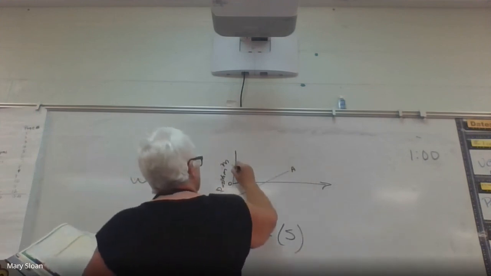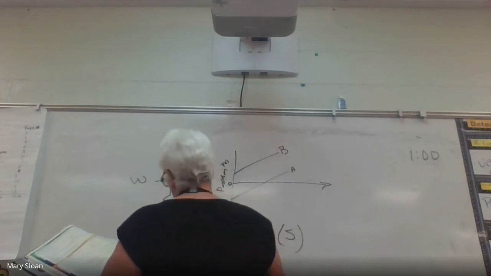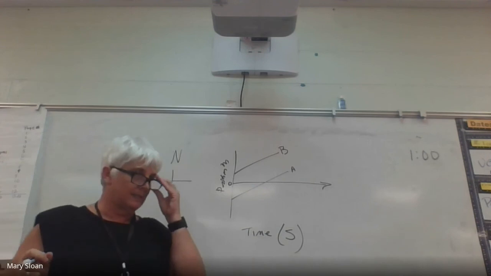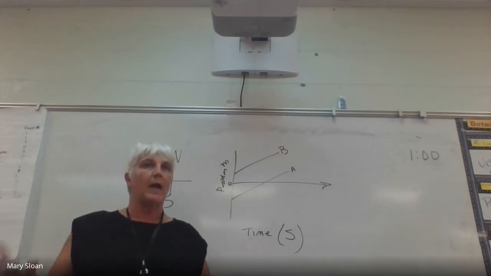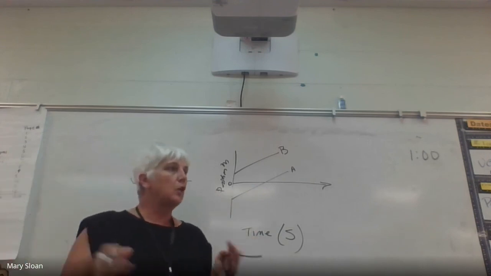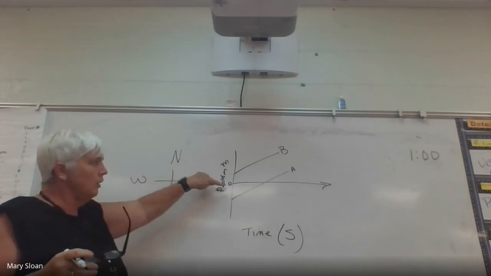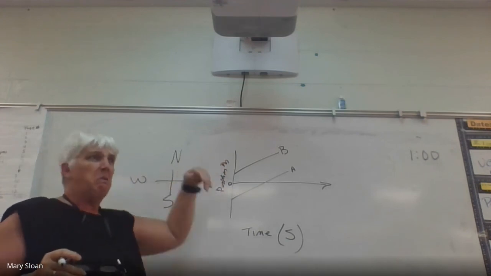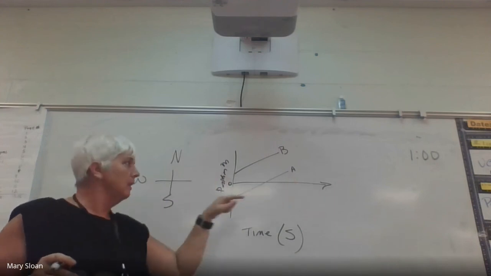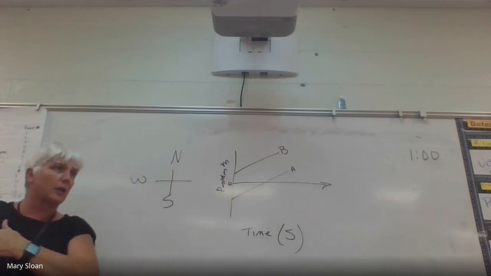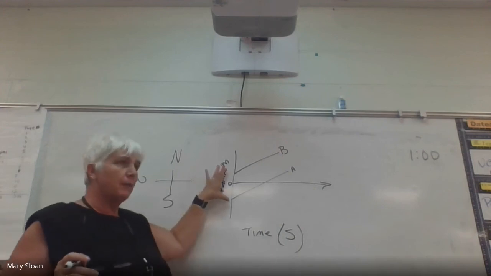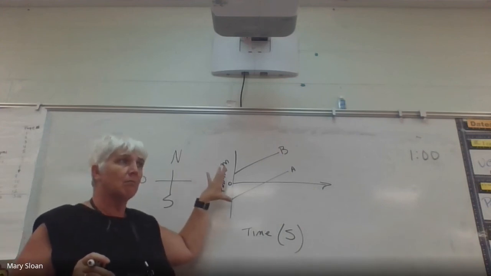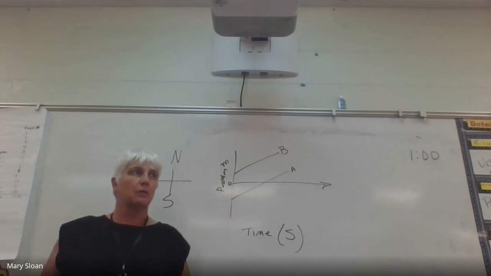Here, we have B. Now, if you think of it as a race, like you're on the track, and you have a starting line, you have a person that's in front of the starting line, and you have a person behind the starting line. They're at two different positions, aren't they? That's what's happening here. Is this making sense to you?